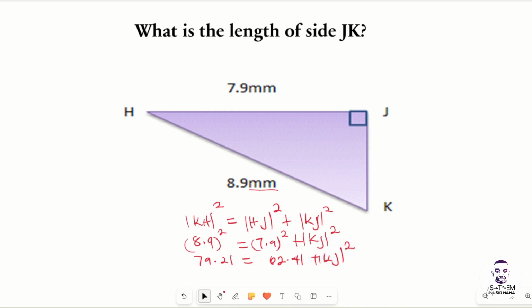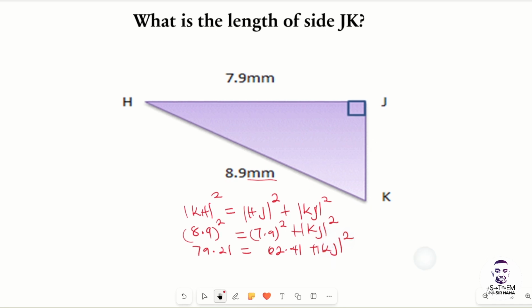In order for us to find KJ, we must move the constants across. So we have 79.21 minus 62.41 equal to KJ all squared. 79.21 minus 62.41 is going to give us 16.8, so KJ all squared is equal to 16.8.